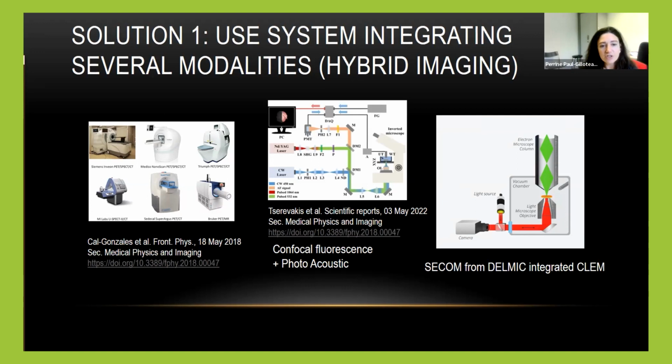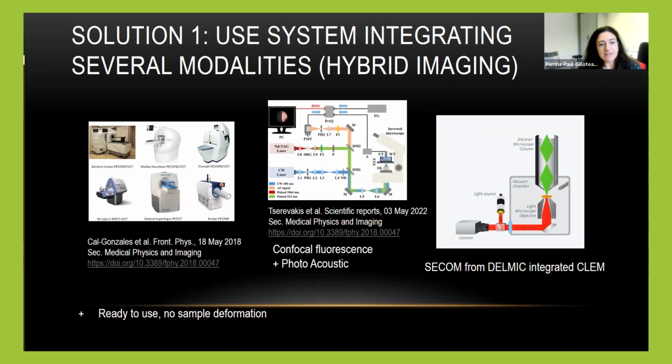That's also coming a lot now in the microscopy field. At a different scale, just two examples among plenty of them. For example, here some example merging confocal fluorescence and photoacoustic on the same system, or here proposing fluorescence microscopy and electron microscopy on the same system as well.